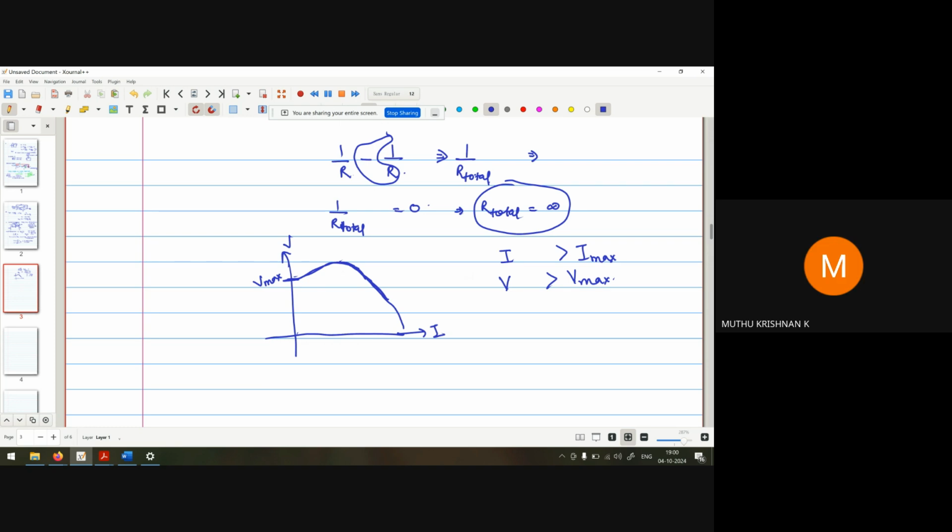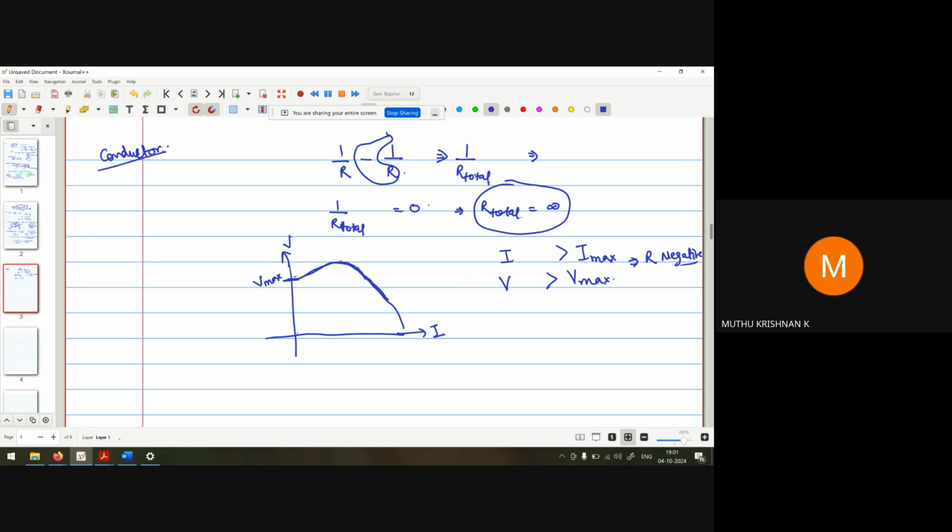So basically, if my voltage or current increases beyond the maximum value, we can say my resistance in this scenario will be negative. For example, take a conductor, a conducting material.